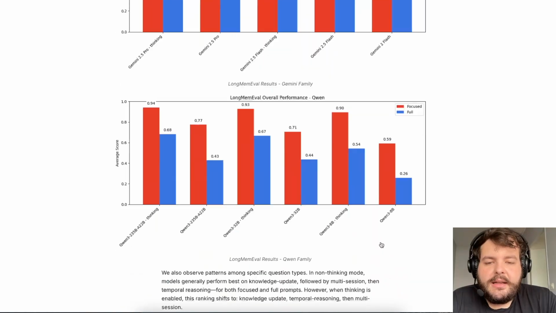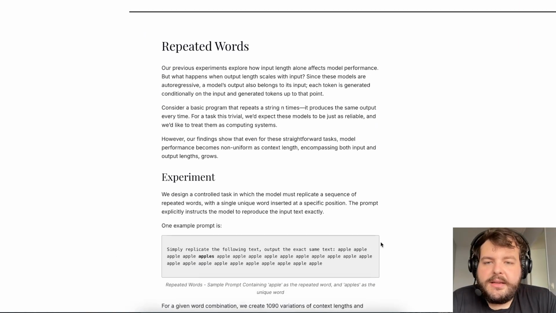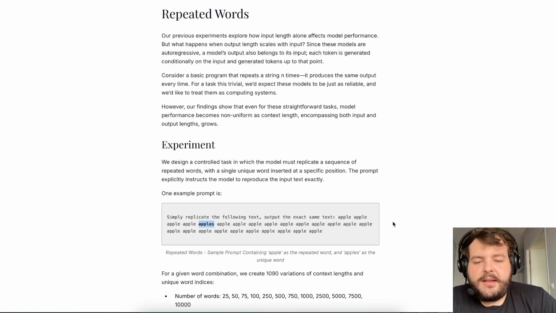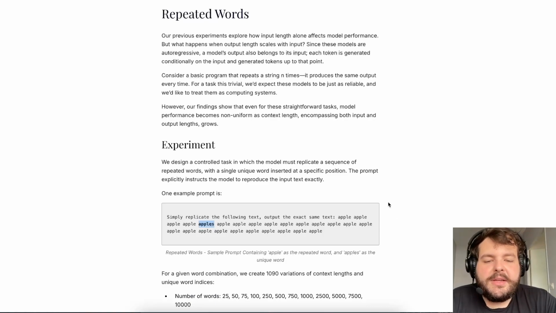And the last problem that they tackled in this technical report is they asked the LLM to replicate a text, and the text is multiple repeated words and one unique word in the middle. In this problem specifically, they are not only working with the context size as input to the model, but also the output of the model, and how it impacts when you increase or decrease.